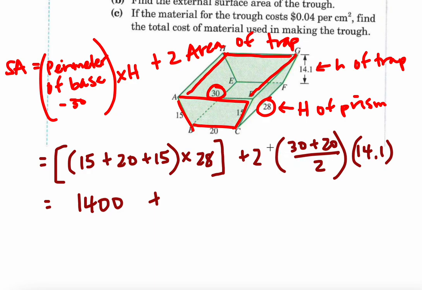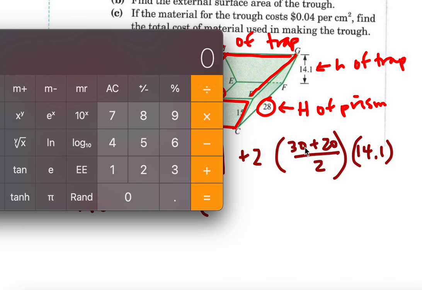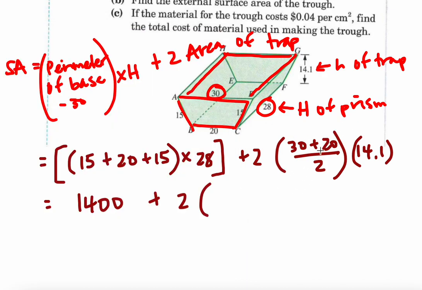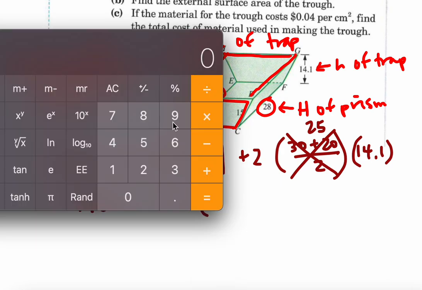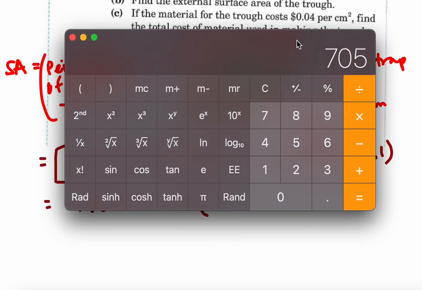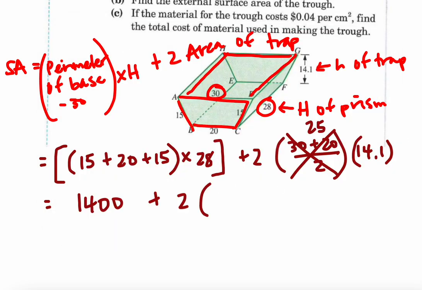Plus whatever all this is, multiplied together. But let's do this part first inside the parentheses. PEMDAS, 30 plus 20 is 50. 50 divided by 2 is 25. So this whole thing should be 25. So in my calculator, I have 2 times 25 times 14.1, and that's 705.